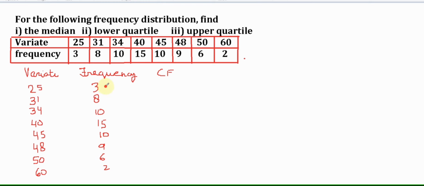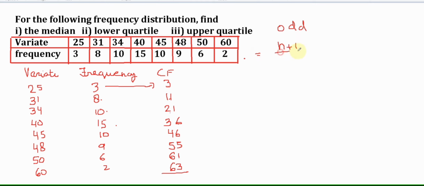Now I need to find the cumulative frequency, so I will copy down this 3 here. 3 plus 8 is 11, 11 plus 10 is 21, 21 plus 15 gives 36, 36 plus 10 gives 46, 46 plus 9 is 55, 55 plus 6 is 61 and 61 plus 2 is 63. Now we have odd data here. 63 is odd. I told you the odd data formula: the median is the (n plus 1) by 2th observation.